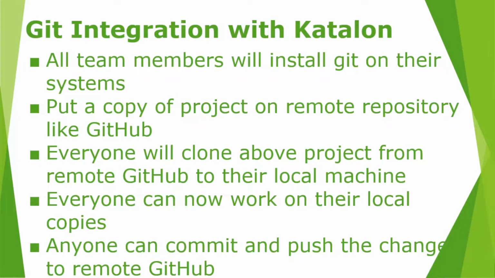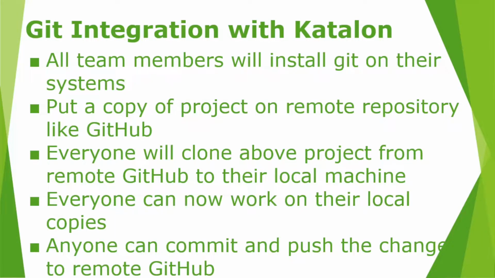If everyone wants to, you can do this on a daily basis: commit and push all the changes done on your local machine into GitHub. So these are all the steps that every member needs to follow once you integrate GitHub with Katalon.